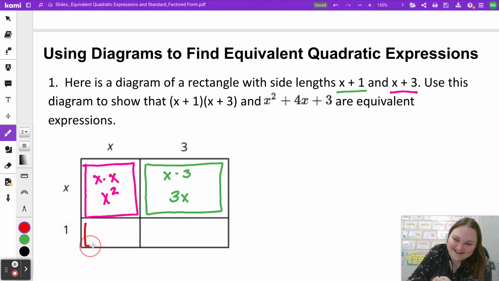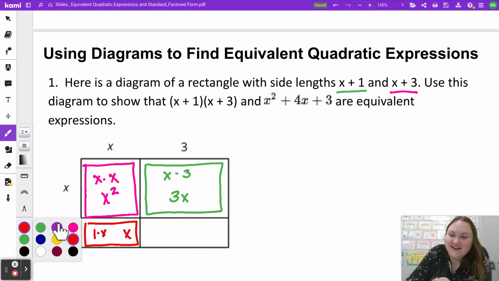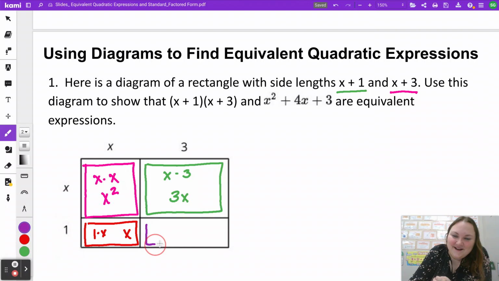This box here shows that I need to do 1 times x, and 1 times x is just x. And then finally, this box here shows that I need to do 1 times 3. 1 times 3 is 3.